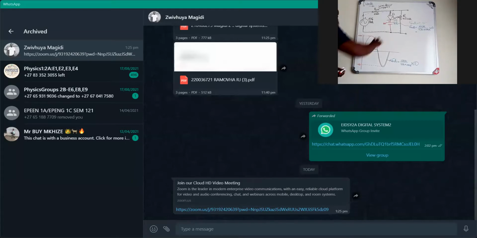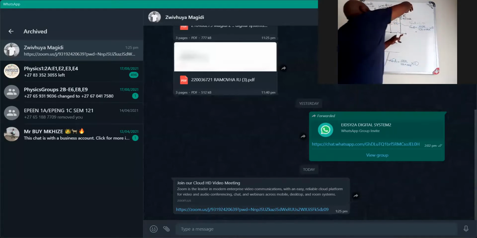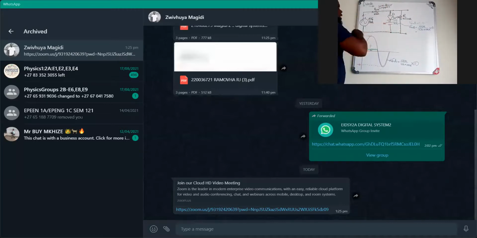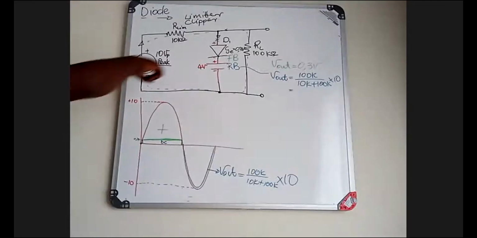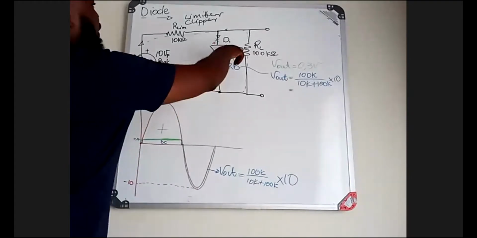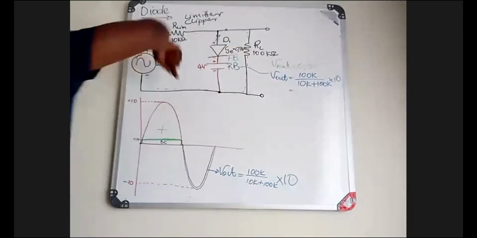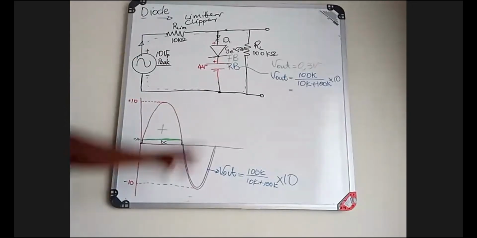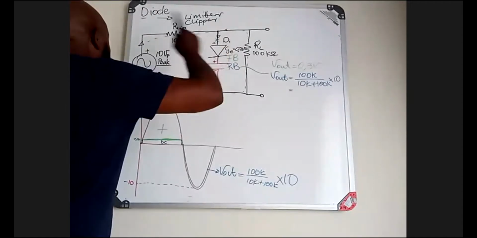Then with this voltage on the output, for me to be able to switch on this diode so that I can get the characteristics, I must also match up this bias voltage. You will see that it's a 4 volt bias, switching on 0.3. Now, how is the input? The input is 10 volts peak, which means this diode can be switched on.